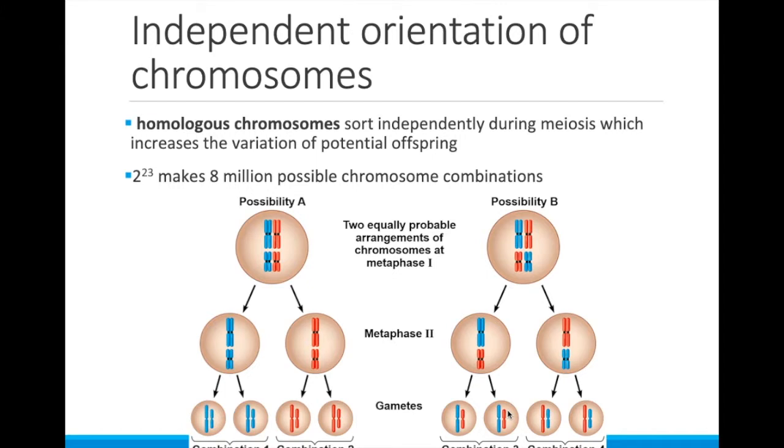Humans have 23 pairs of homologous chromosomes, and 2 to the 23 makes more than 8 million possible combinations of chromosomes to make in 4 different sperm cells or an egg. And so this gives you a huge diversity in what each individual sperm cell looks like genetically. This is one of the reasons why two people who are siblings from the same parents can look very different, because they can get a different combination of the genes.